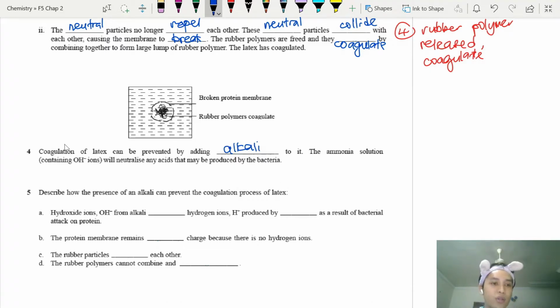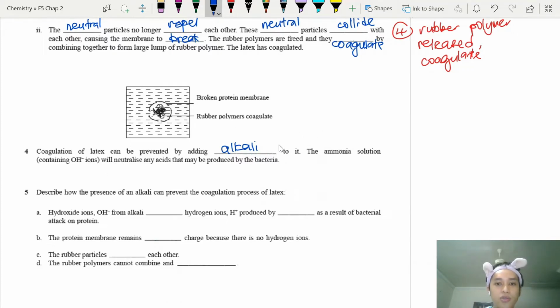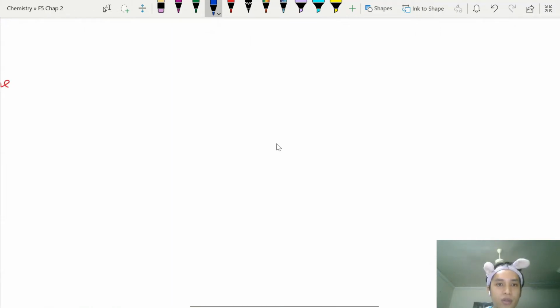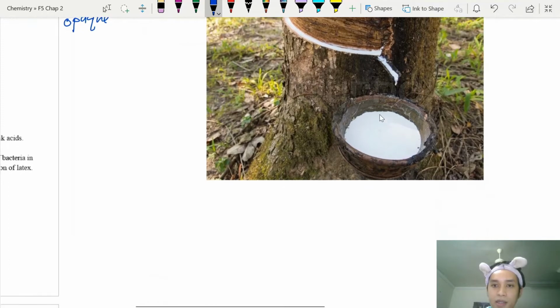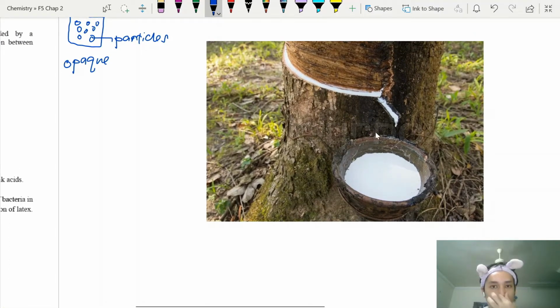Okay, so if I don't want latex to coagulate, I'm just going to put alkali. The ammonia solution will neutralize any acids. So for any rubber tappers, if they want to prevent the latex from coagulating after they have tapped the rubber, what they are going to put in is the alkali, or they use ammonia solution.